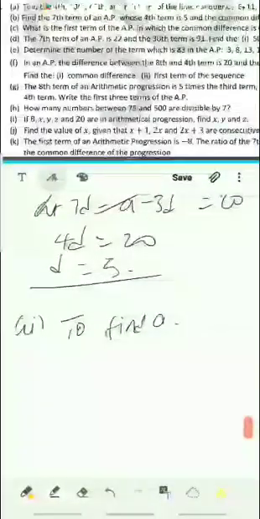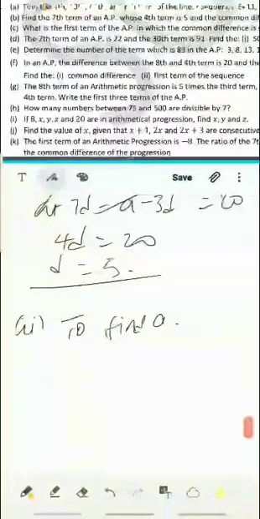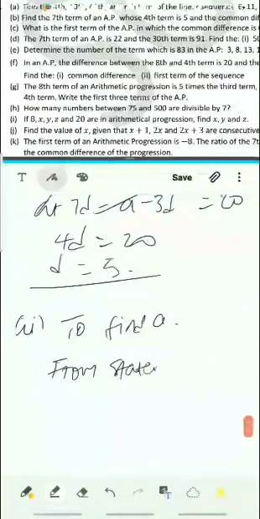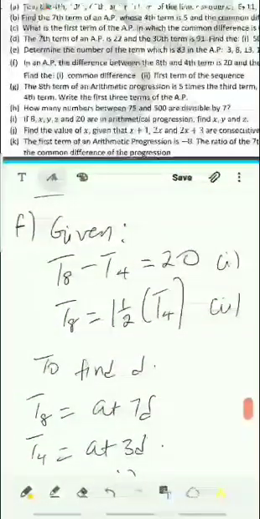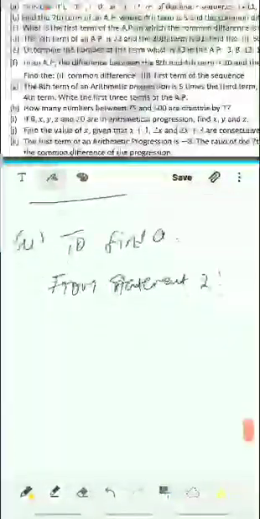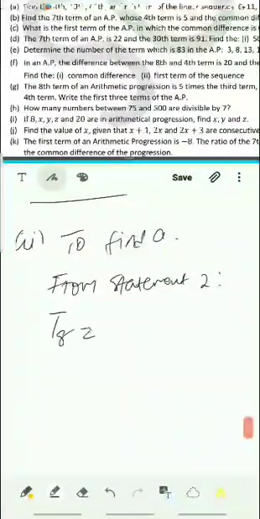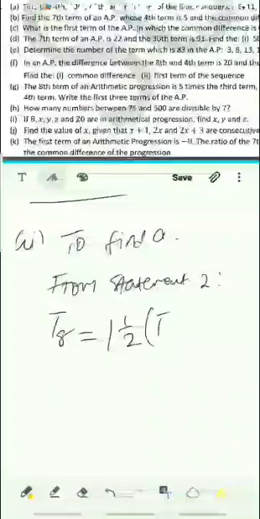What is A? From statement 2. What was statement 2? The 8th term is 1.5 times the 4th term.